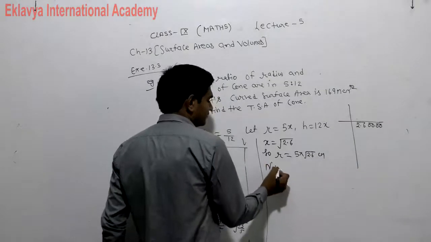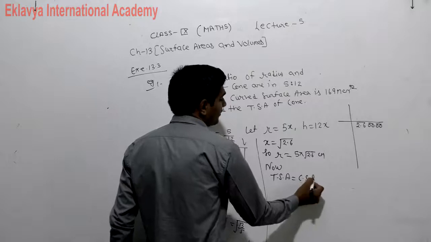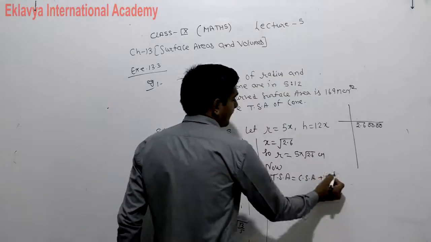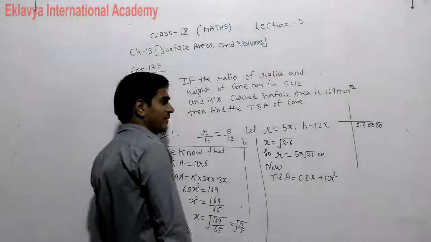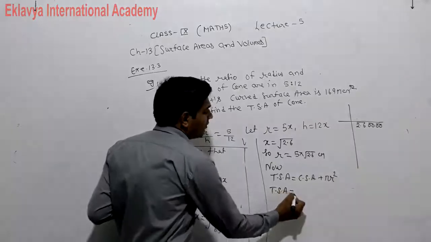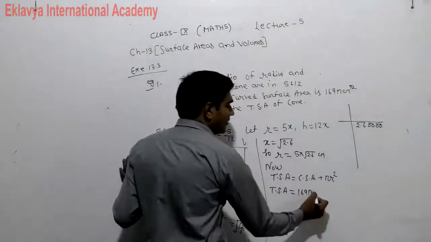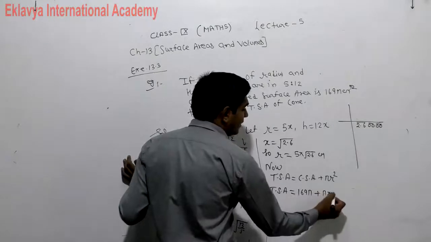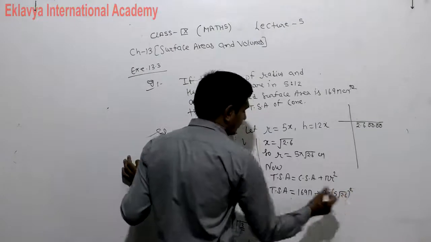Now TSA is equal to CSA plus pi r square. TSA equals what? CSA plus pi r square. R square value we know. So TSA equals, what is the curved surface area? 169 pi plus pi times r value, 5 under root 2.6, whole square.